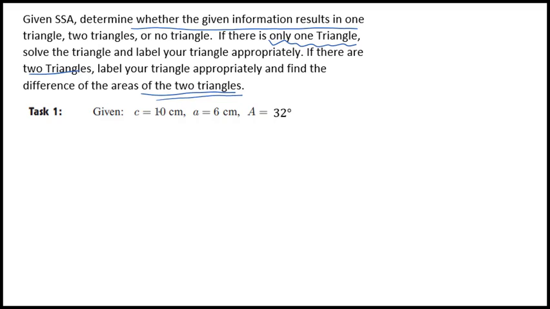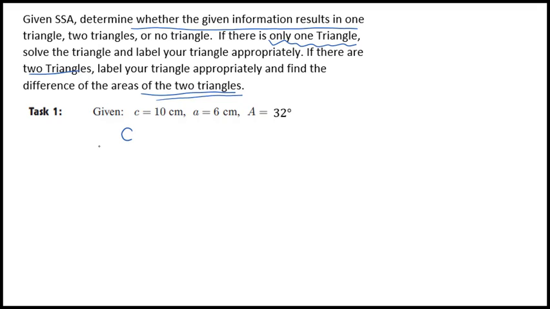Given C equals 10 centimeters, A equals 6 centimeters, angle A equals 32 degrees. So first of all, we need to figure out angle C by using sine law. We know the keyword for sine law is corresponding.